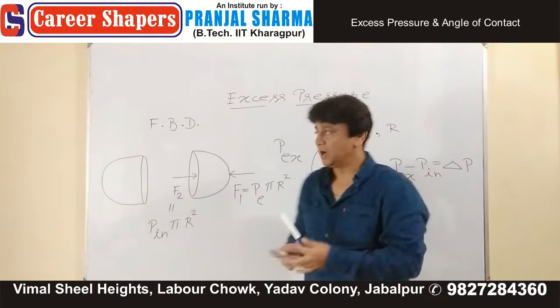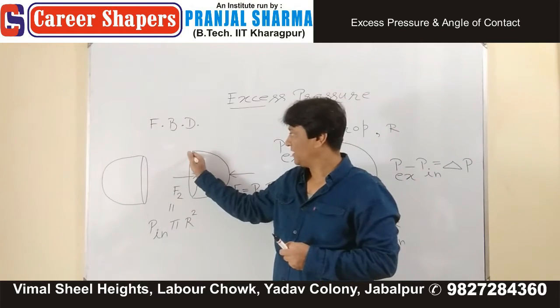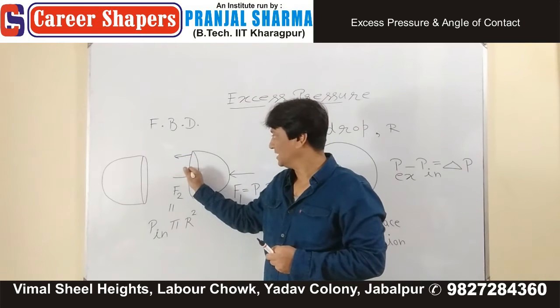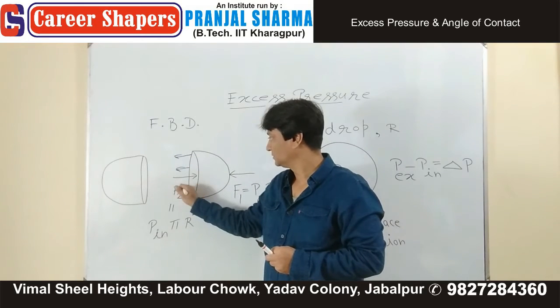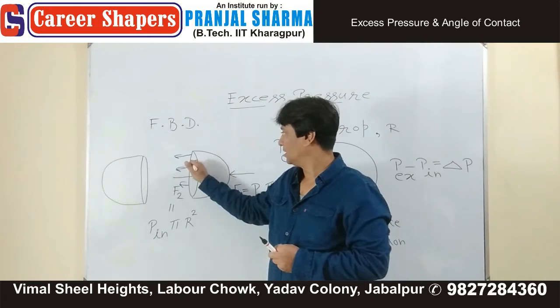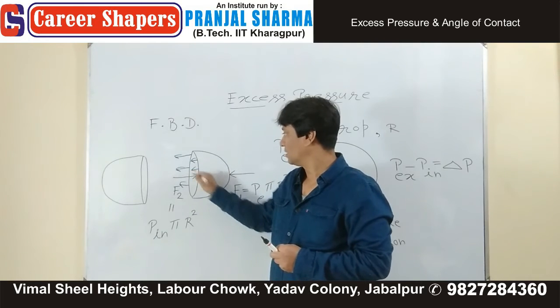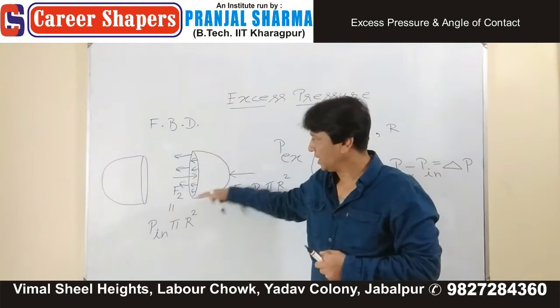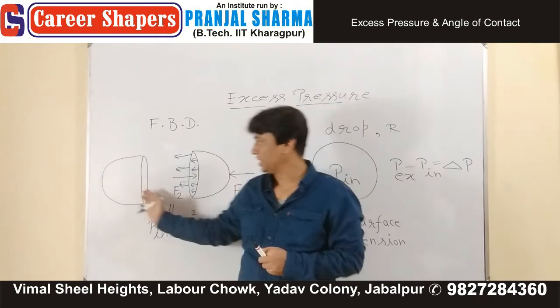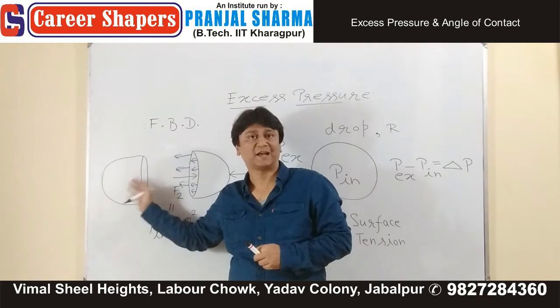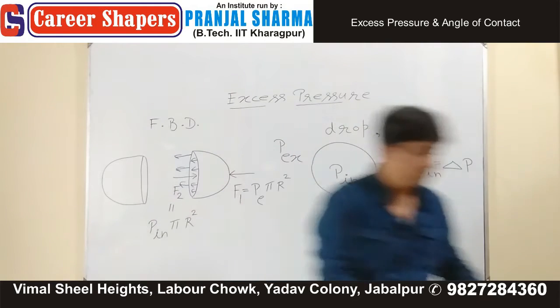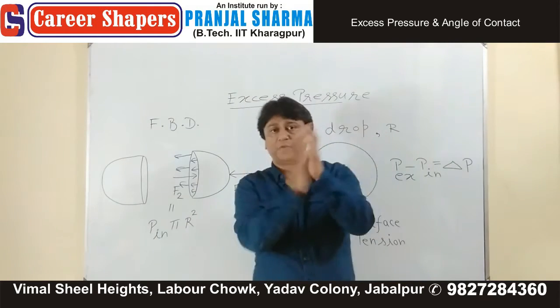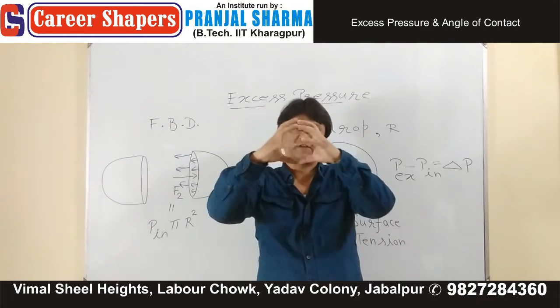At the same time, the effect of surface tension takes place over here at the boundary which is touching this second half. So the first half is touching the second half like this.